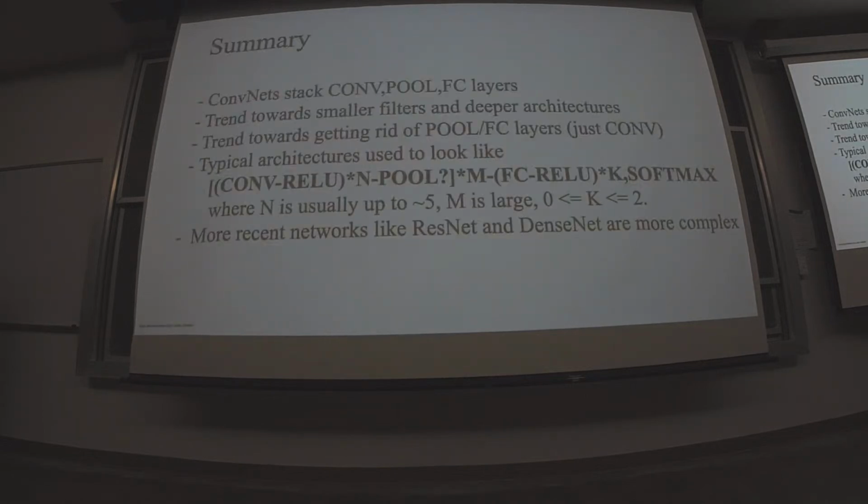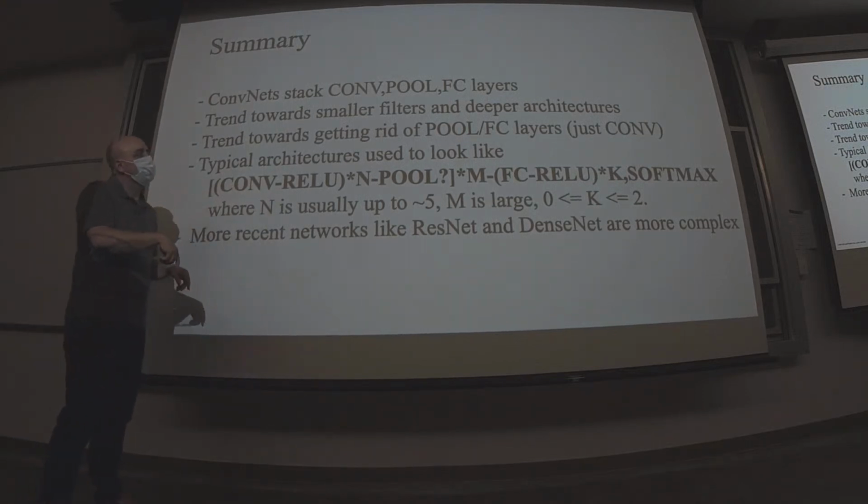Okay, so just in quick summary, a typical architecture for convolutional networks is to have linear convolutional layers followed by nonlinear activation layers, a couple of those. That's shown here.